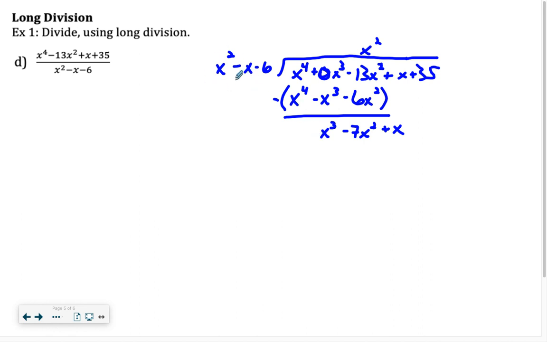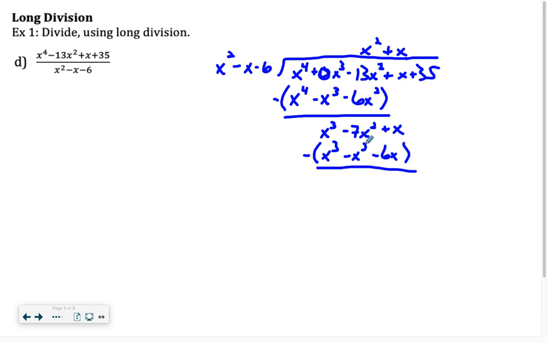Now, x squared times x will get me x cubed, and then multiply x times everything here. So x squared times x will get me x cubed. Negative x times x will get me negative x squared, and negative 6 times x will be negative 6x, and we are subtracting.